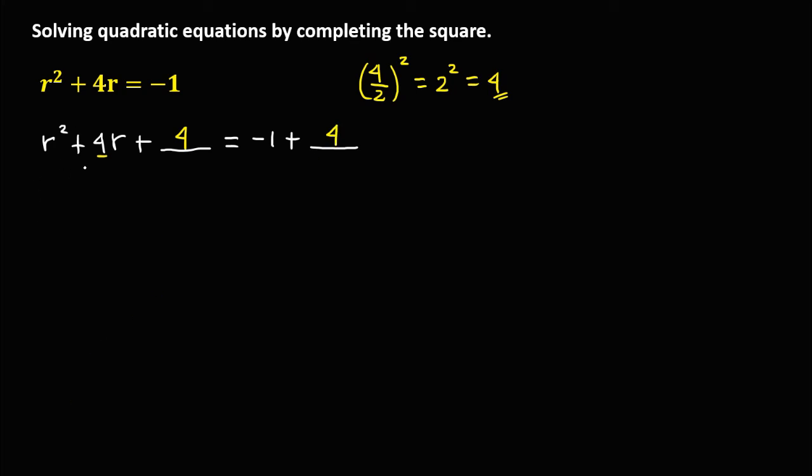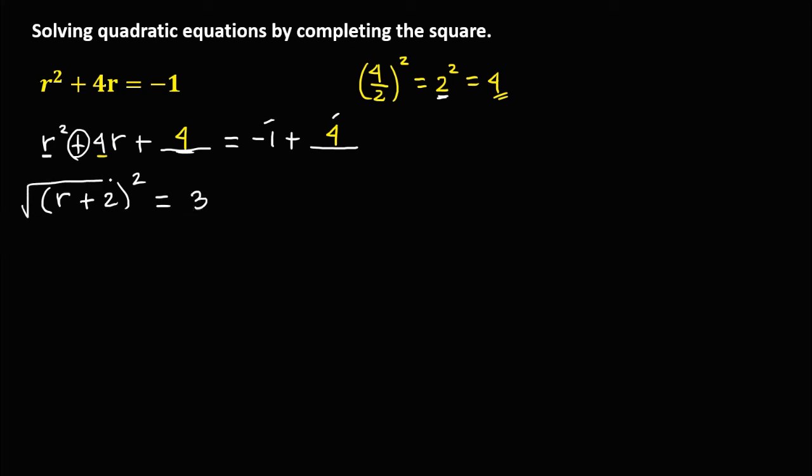Then simplify. We need to factor this equation on the left side. So we have factors of r squared, this one is r times r. Since this one is positive, plus, and factors of 4, that's 2 times 2. So we have now (r plus 2) to the power 2. Then equals, negative 1 plus 4, that's positive 3.